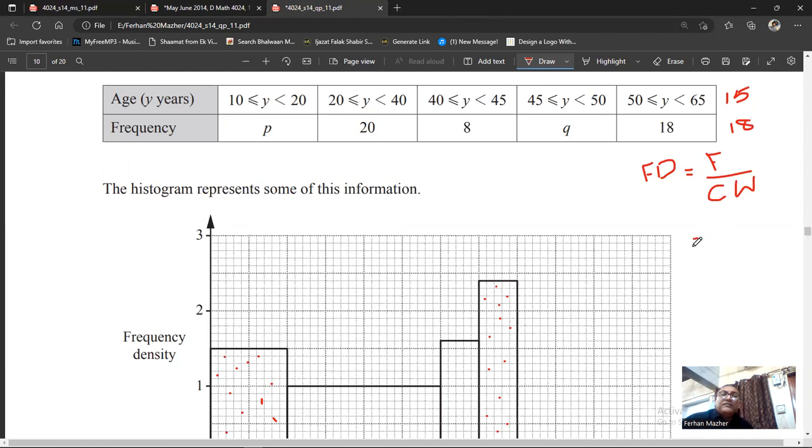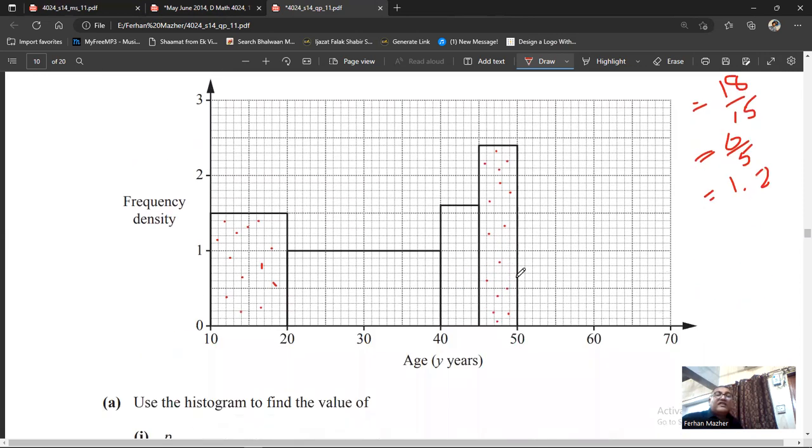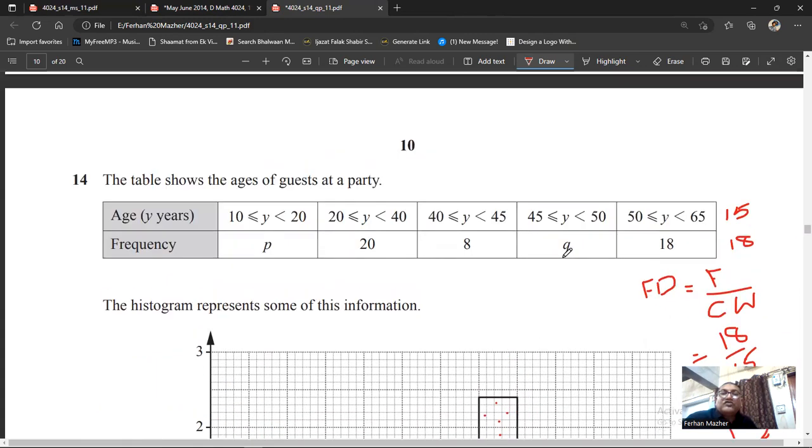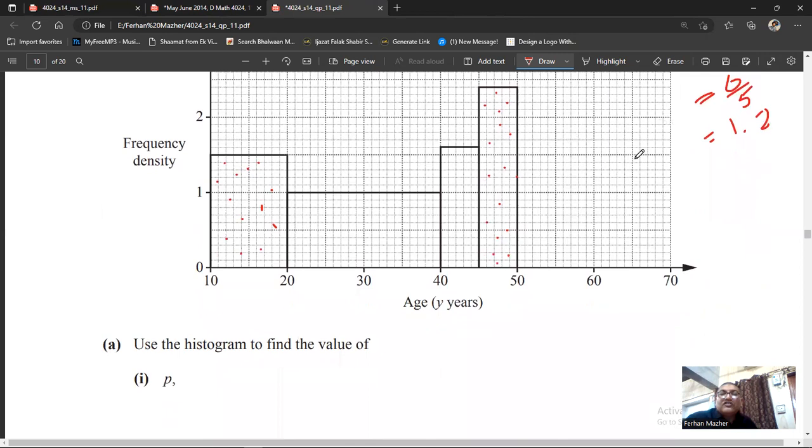So it will be 18 divided by 15, which is 6 divided by 5, which is 1.2. So the frequency density is 1.2. So 1.2 will be here, from 50 to 65. So this is 65, 1.2. Just join them.